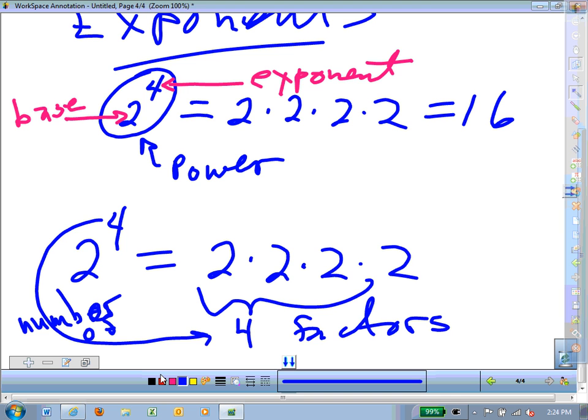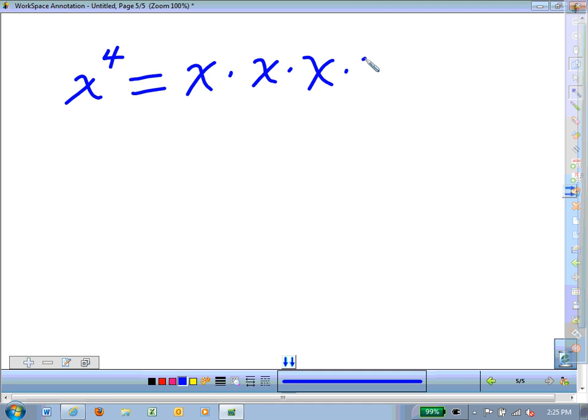The exponent is always telling you how many factors. And the particular base, whatever symbol I happen to use, won't make any difference. X to the 4th means 4 factors of x, doesn't it?